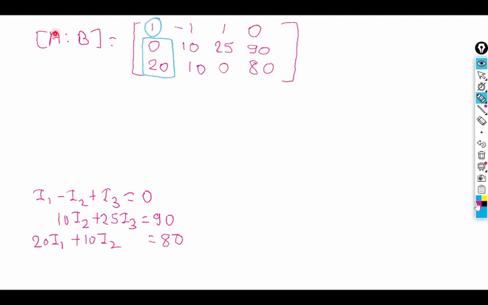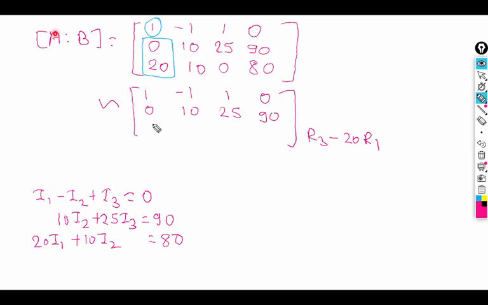Only one transformation is required here, and that is R3 minus 20 times R1, and we get 1, minus 1, 1, 0, then 0, 10, 25, 90, and here are the zeros.